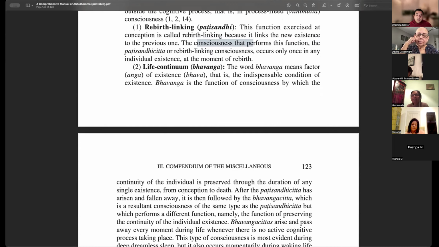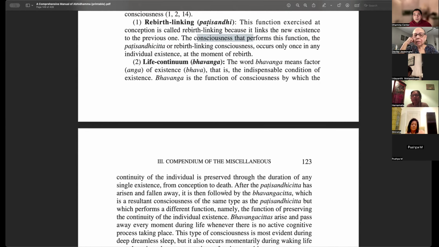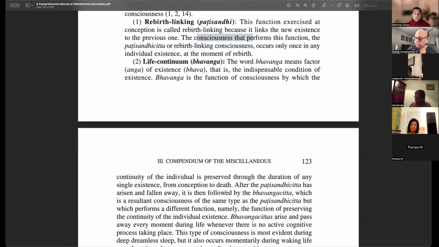From conception on to death. If we are to look at the positions or the places where the Bhavanga arises: during moments of deep sleep, the Bhavanga moment arises in between mind thought processes. The Bhavanga arises in between sense vithis, isn't it?